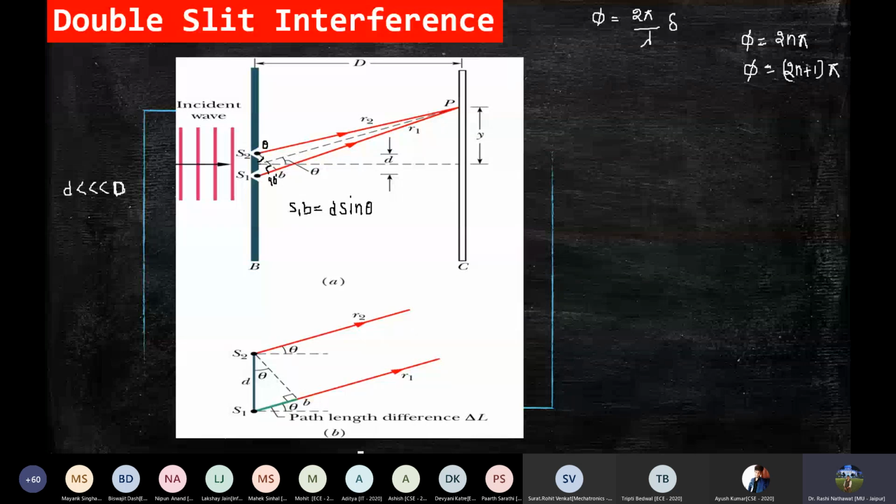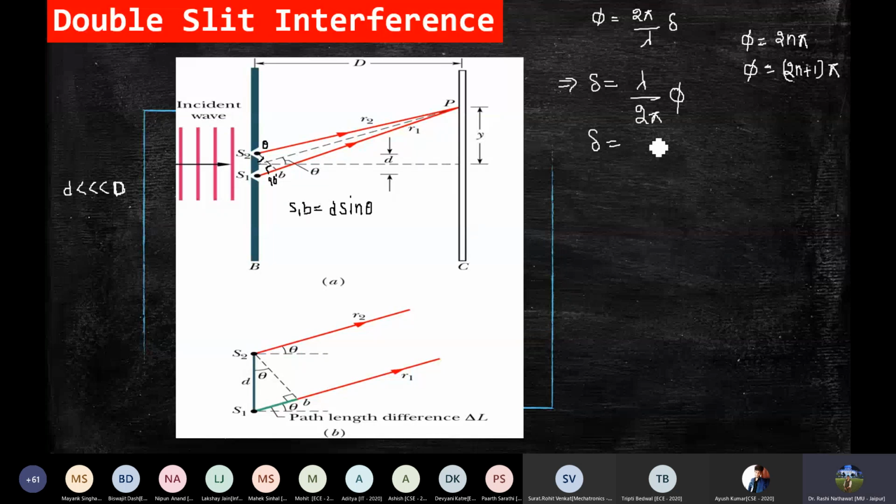Okay, so let's come here now. Here, I can rewrite delta equals lambda over 2 pi into phi. Now let's put the value when the maxima will come.